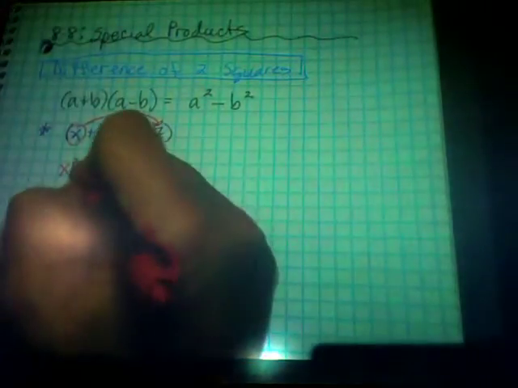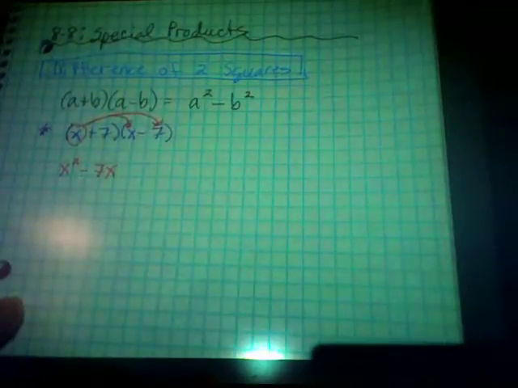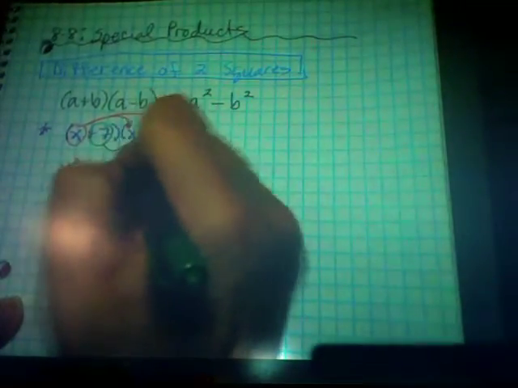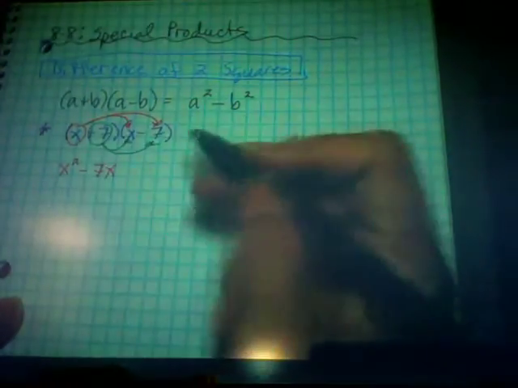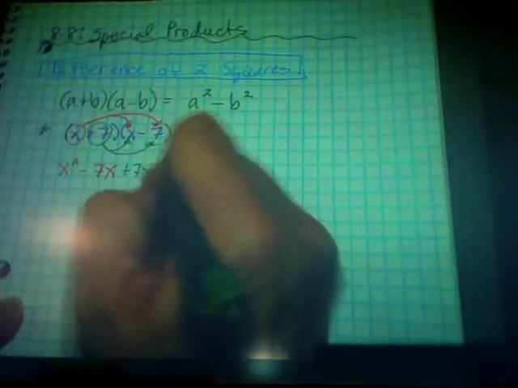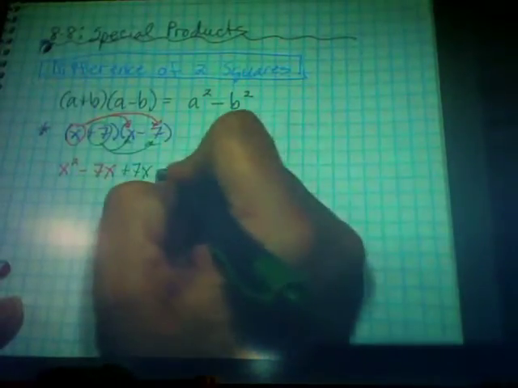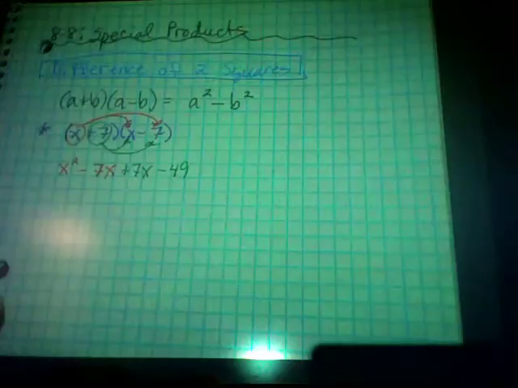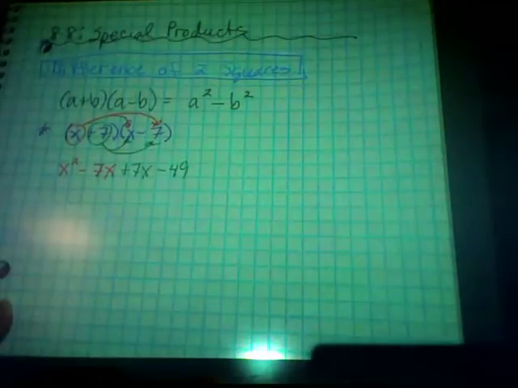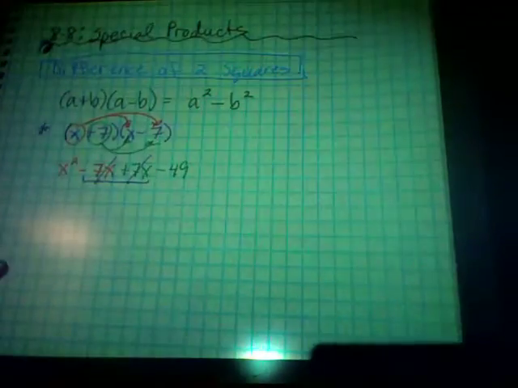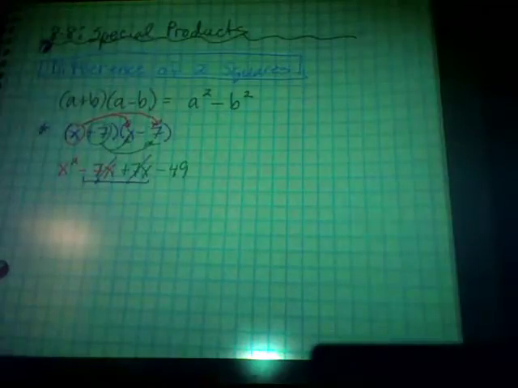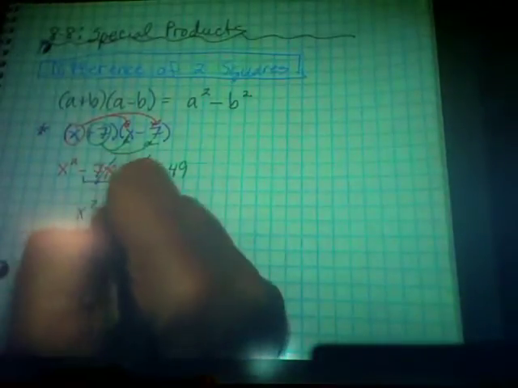X squared. And what's x times negative 7? Negative 7x. Then if I distribute the 7 to everything in here for my second distribution, what's 7 times x? Positive 7x. And what's 7 times negative 7? Negative 49. What happens to the inner and outer terms here? They're opposite signs, like terms, and they cancel each other out. So what's left? X squared minus 49.